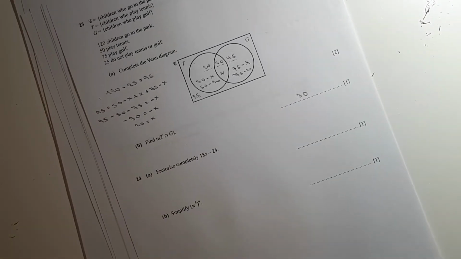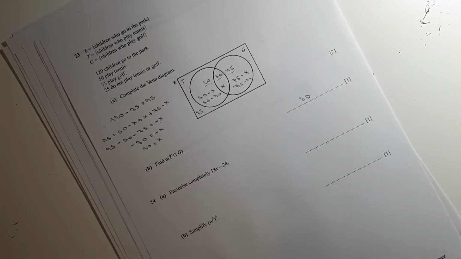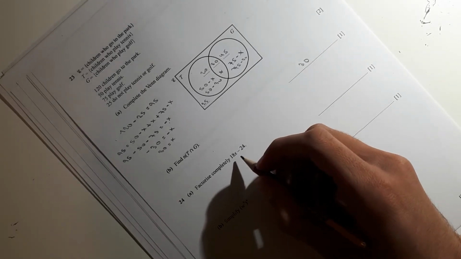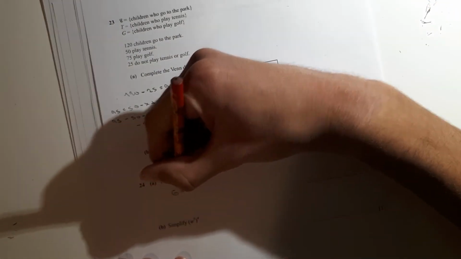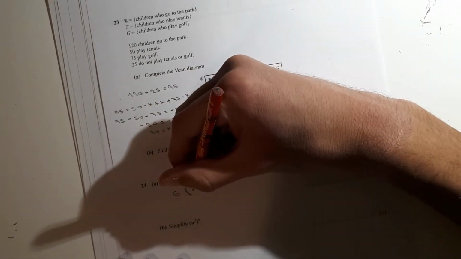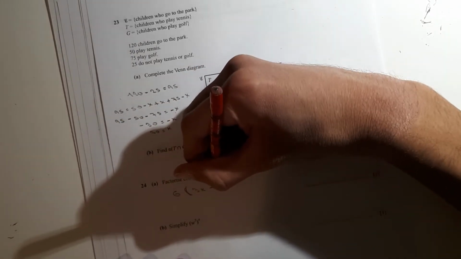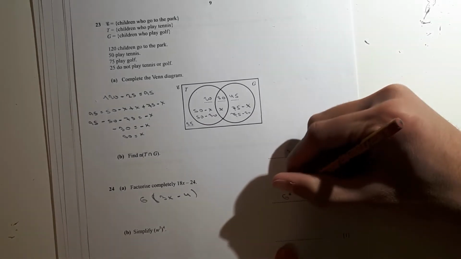So, next exercise, it says, factorize completely 18x minus 20. See that the highest common factor between these two is 6. So this is going to give us 6, open brackets, 3x minus 4.